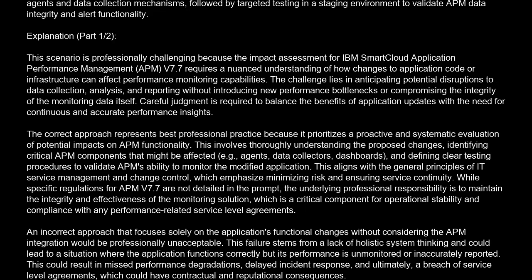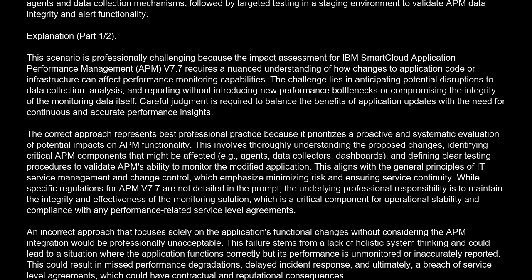Correct answer is C. Conducting a thorough review of the application update's technical specifications to identify potential conflicts with APM agents and data collection mechanisms, followed by targeted testing in a staging environment to validate APM data integrity and alert functionality. Explanation. This scenario is professionally challenging because the impact assessment for IBM SmartCloud Application Performance Management v7 requires a nuanced understanding of how changes to application code or infrastructure can affect performance monitoring capabilities.